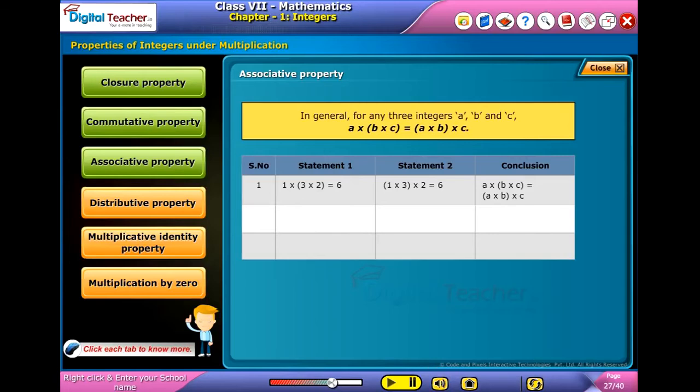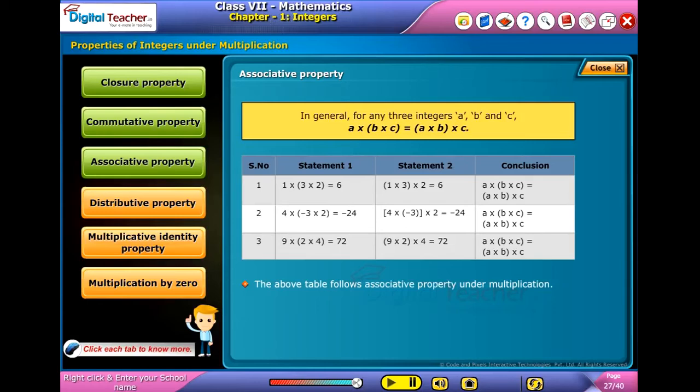Same for the second and the third statements as shown in the table. Therefore, the above table follows associative property under multiplication.